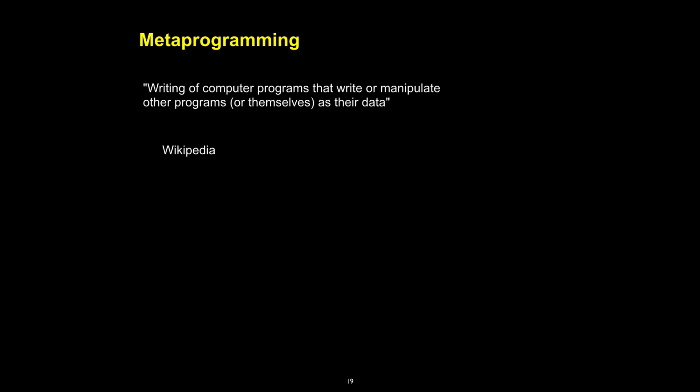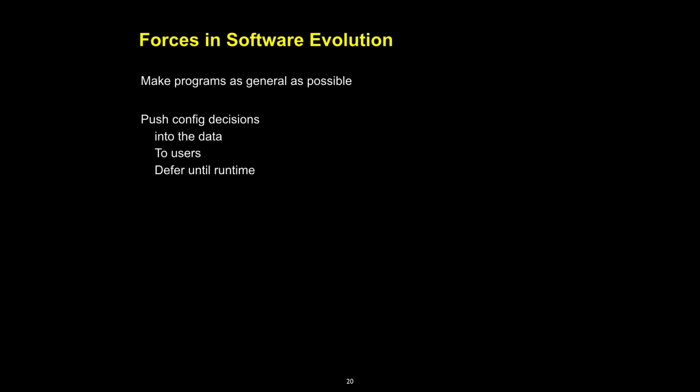So we want some patterns which help us do this. And one of the papers this comes from says the problem is the forces that act on software development. Typically, we want to make things more and more general. We get it working, and we have features more general. The more general, the better, right? But the more general, it's harder to deal with.